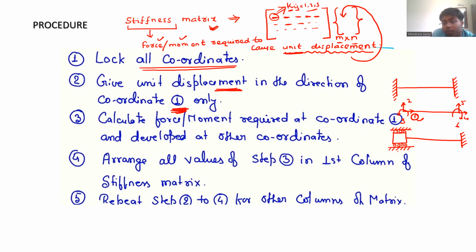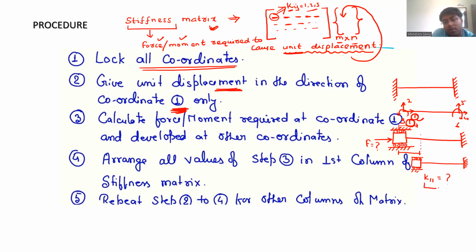Now you have to give unit displacement. Suppose you provided unit displacement and it got shrunk by this amount, and this displacement is unity. To give this unit displacement, the amount of force you need gives you the K11 value.